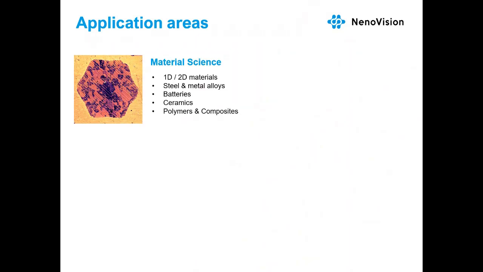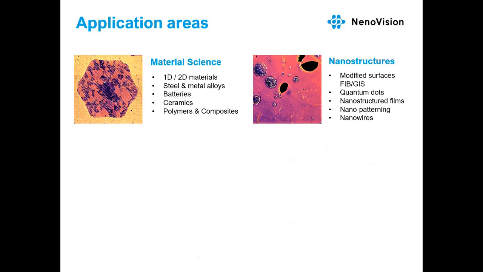Broadest and the most, I would say, common is the material science, where we have plenty of examples for 1D or especially 2D materials, steel, batteries, ceramics, polymer, composites. For all of that, we can offer some advantages, and we have also some reference samples for which we already did the measurement.